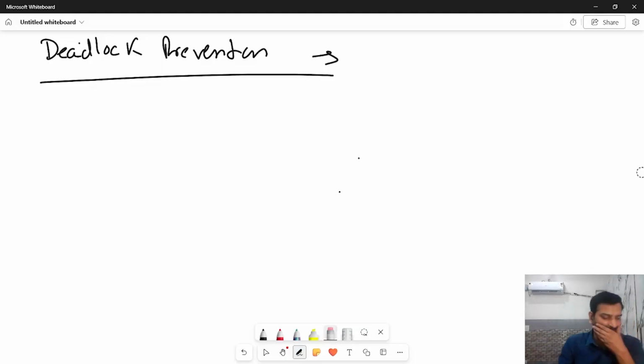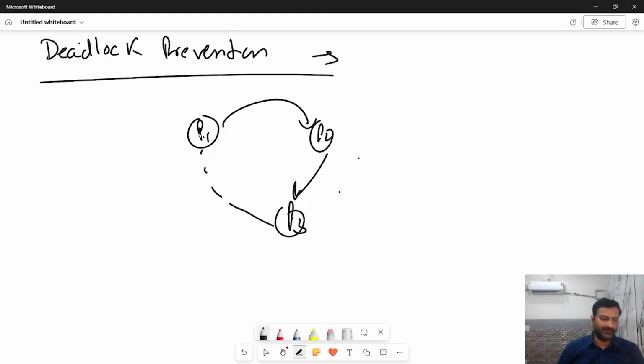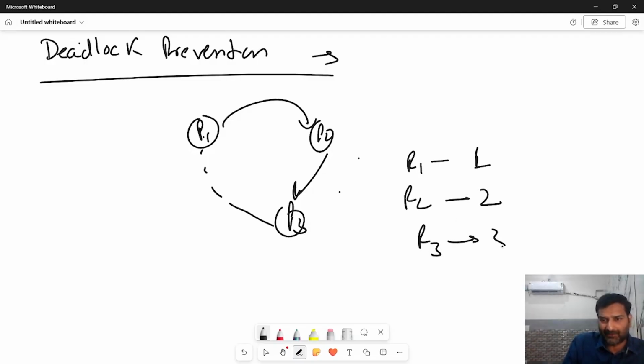P1 is waiting for P2, waiting for P3, and so on. This is the situation of deadlock, the circular loop. Now, suppose there are three resources: resource number 1 has priority 1, resource number 2 has priority 2, and resource number 3 has priority 3.